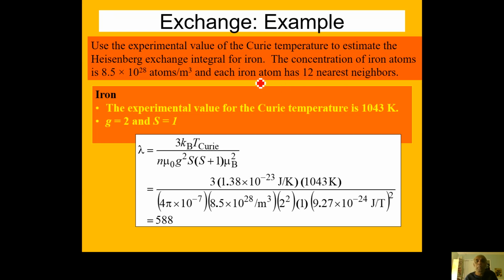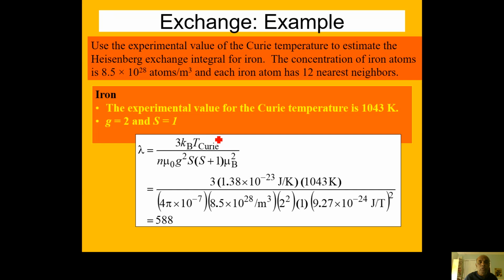Your Curie temperature Tc is given as 1043 Kelvin. In this case, we know g is 2, but we assume S to be 1 because of the spin. If you consider iron, you have 2 electrons with spin half and half, that's 1.